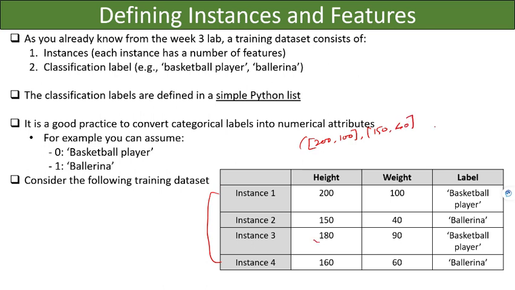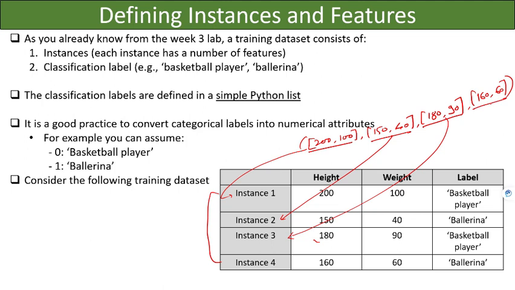Then the third instance, 180, 90, and the last one will be 160, 60. This is how we will represent it. So this is instance 1, that is this one. This is instance 2, this is instance 3, and this is instance 4. And these values represent the features.